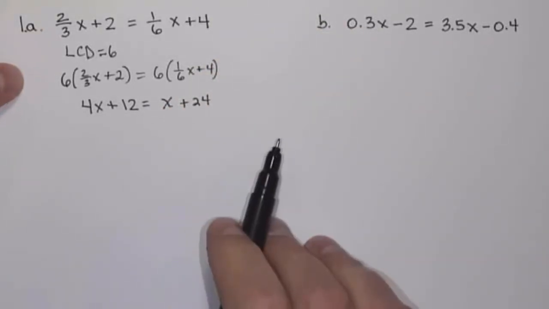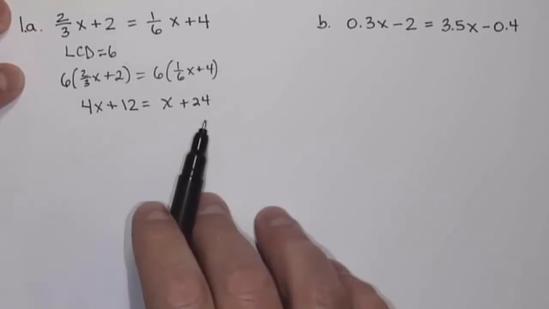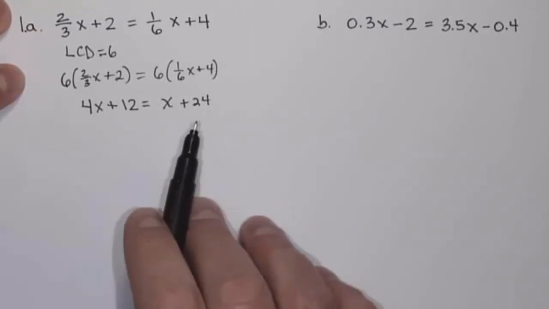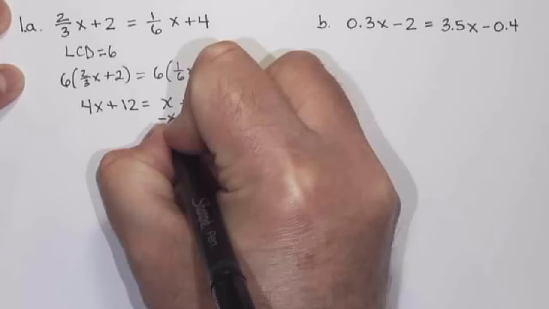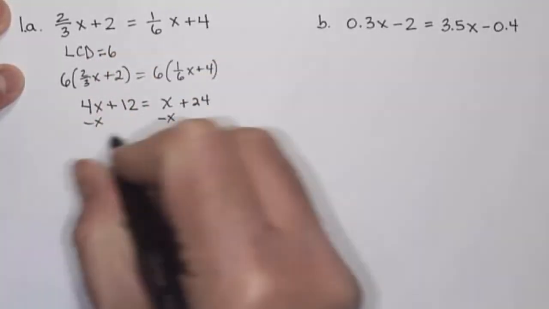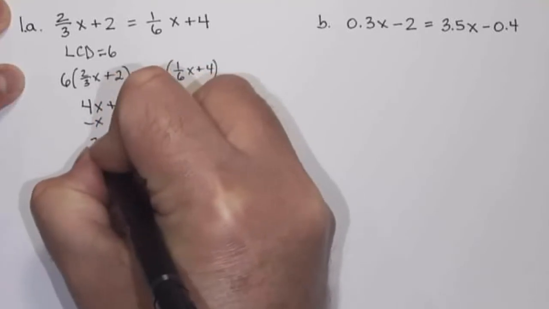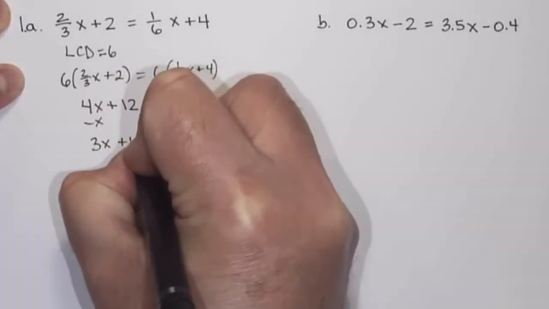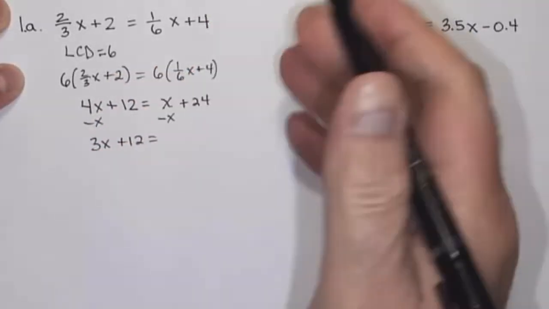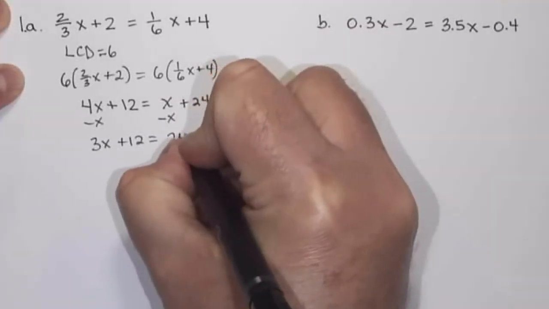So now we can continue solving. We now have an equation that does not have any fractions in it. I'm going to subtract x from both sides to get all of the x terms on the left-hand side. 4x minus x will be 3x. We still have plus 12. x minus x goes away, so that equals just the 24.